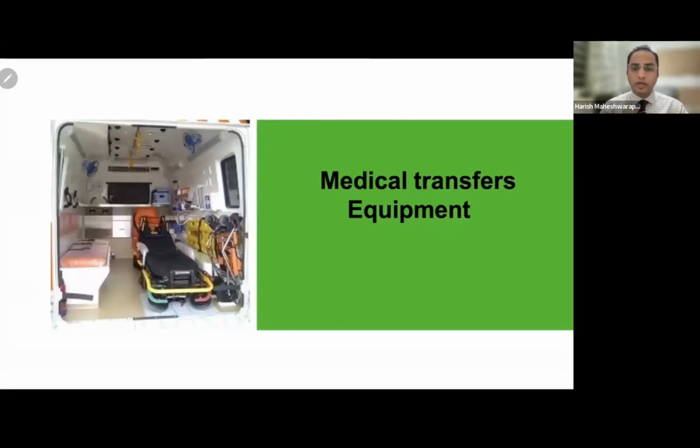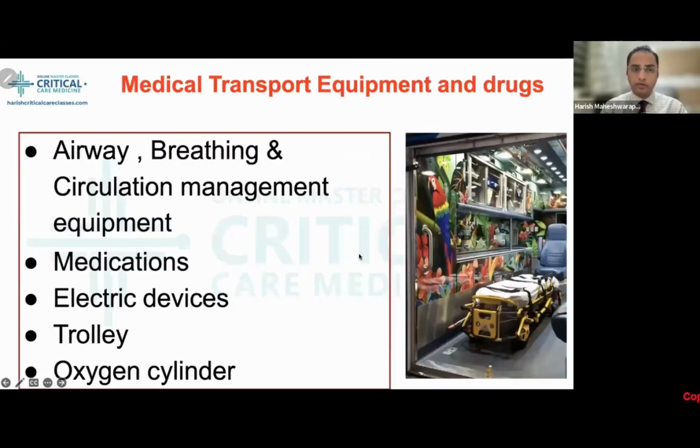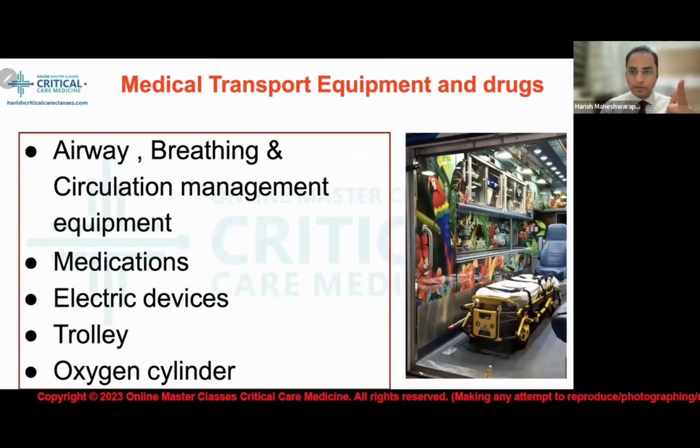Medical transfer equipment: what proper equipment do we need? Particularly airway, breathing and circulation management equipment, including infusion pump. CPR associated drugs we need, different sizes of endotracheal tube, Ambu bag.